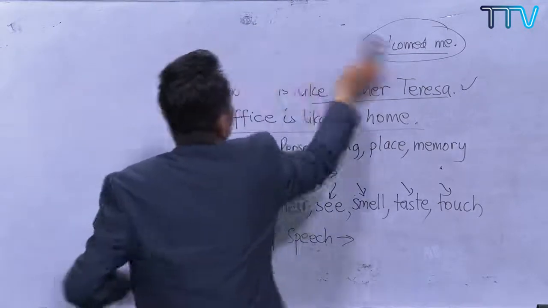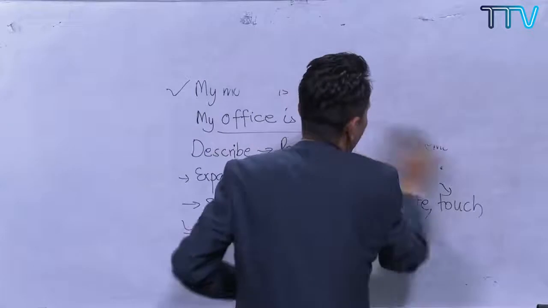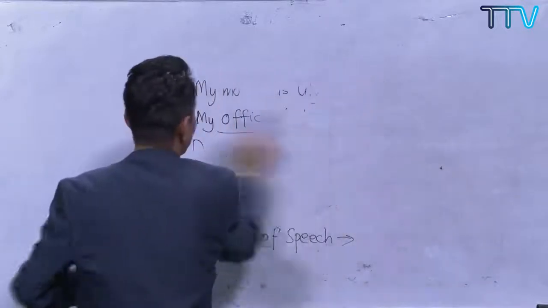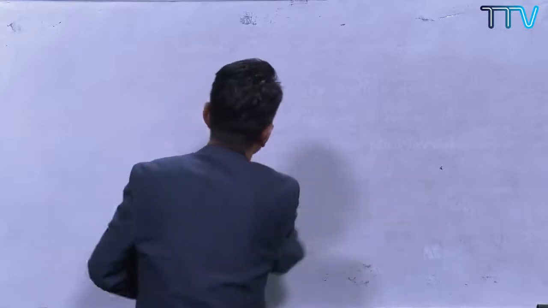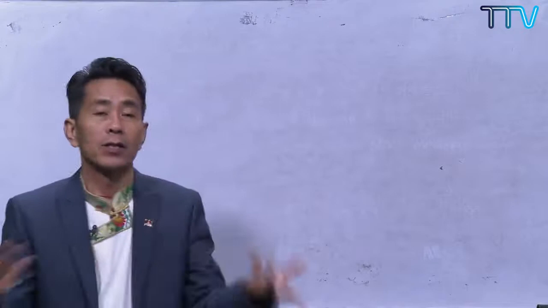Now let us go back to the examples. So I told you, in descriptive writing there are so many types. You can describe your memory, you can describe a place, you can describe a person or a thing, so many things.